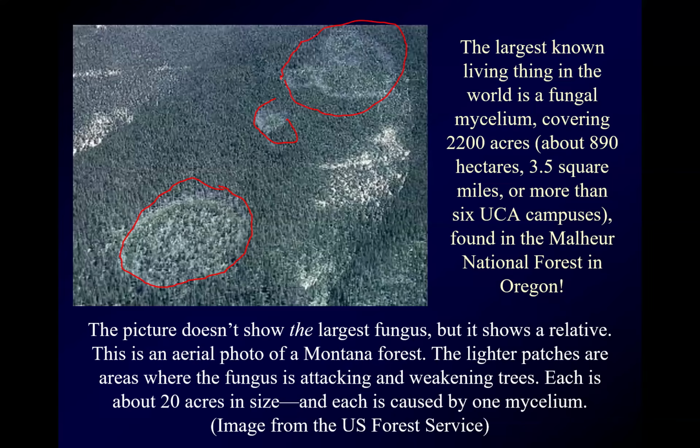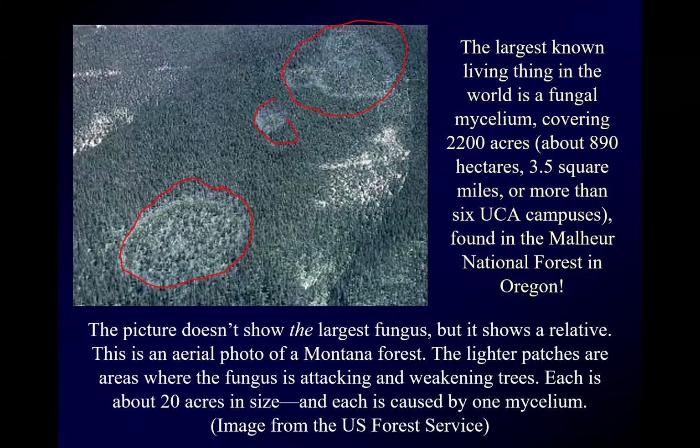The trees are getting weak because the same fungus is growing into their roots and draining energy from them and weakening them. It's a parasitic fungus. And each one of those patches is a whole stand of trees that's being attacked by one giant mycelium. And each one of those patches is about 20 acres in size.